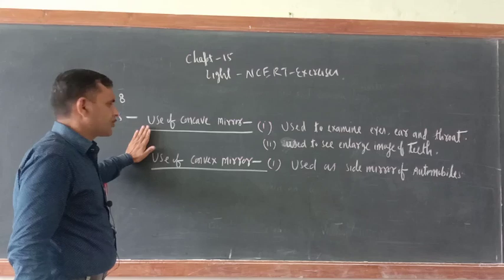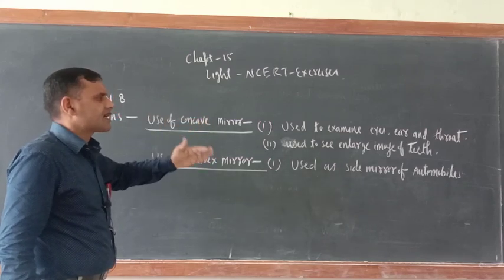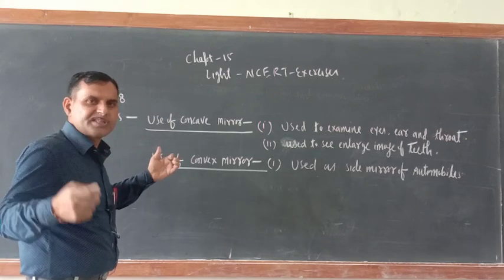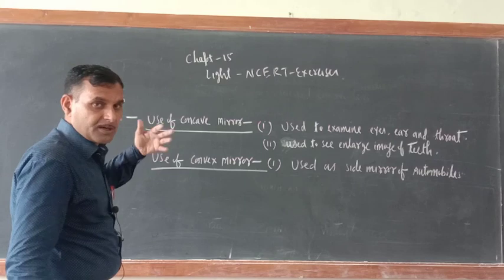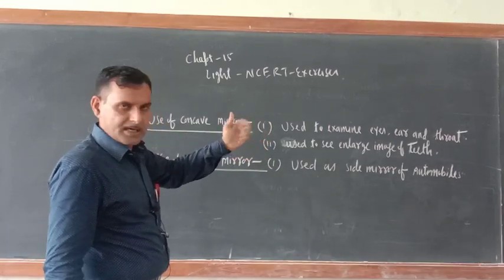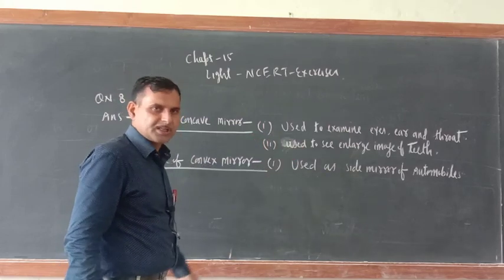Already you have written this question. Concave mirror is used to examine eyes, ears and throat, because it can enlarge the images. So it will be easy for the doctor to examine the ear, nose, eyes and throat. Second one is used to see the enlarged image of teeth.